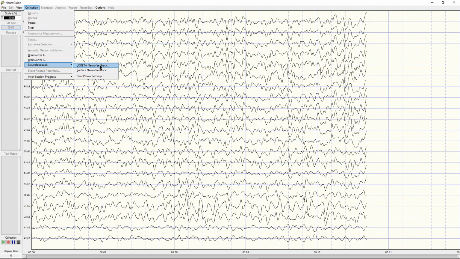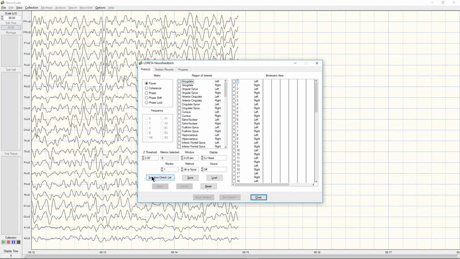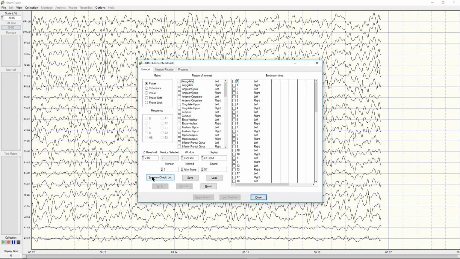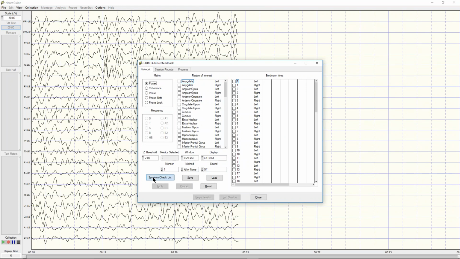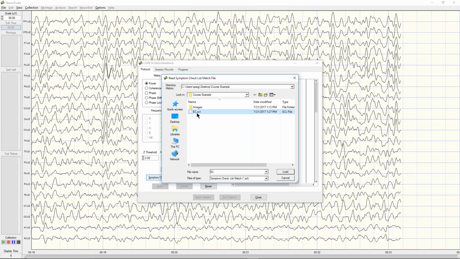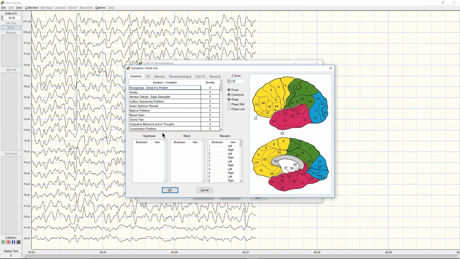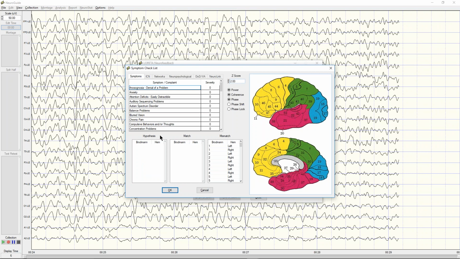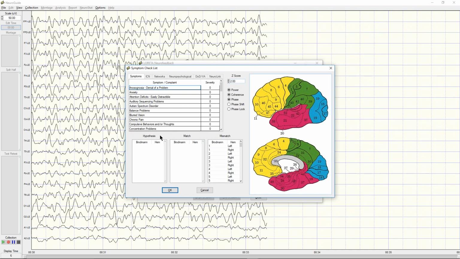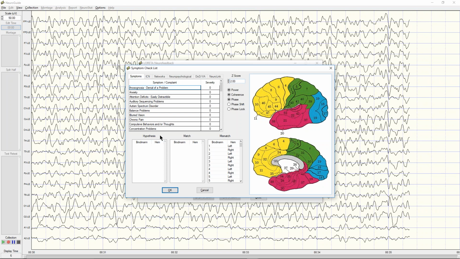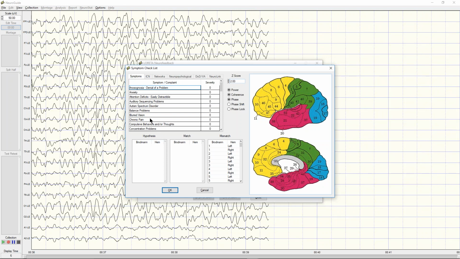I'm going to use Loretta neurofeedback, and I'm going to start out with the symptom checklist that I've just created, the file of all of those findings. I load it up, and I have the opportunity to compare the client's presenting symptoms with the findings from the EEG that we just did. And so let's say that this person has a bunch of these symptoms.